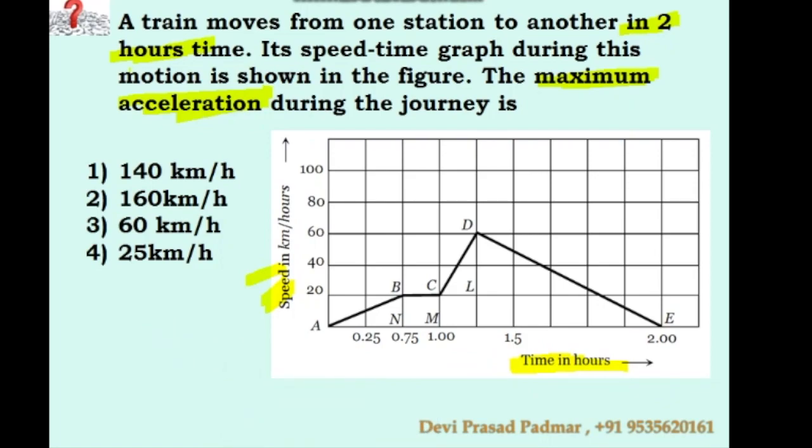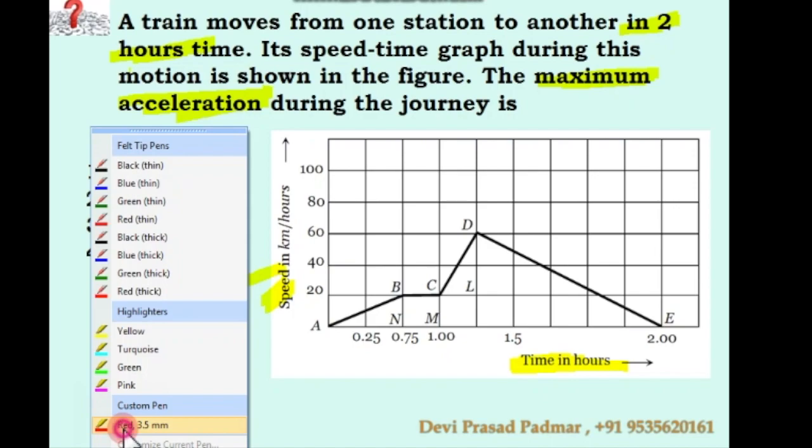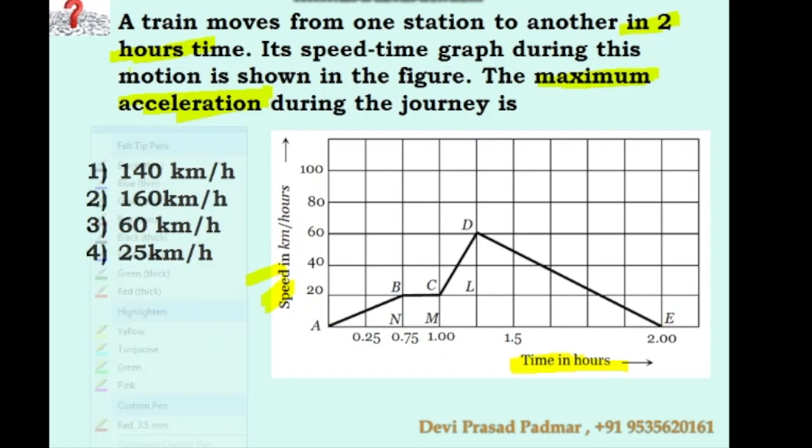So we need to get the value of slope. If you calculate slope, then that is nothing but acceleration. So acceleration is equal to tan theta.